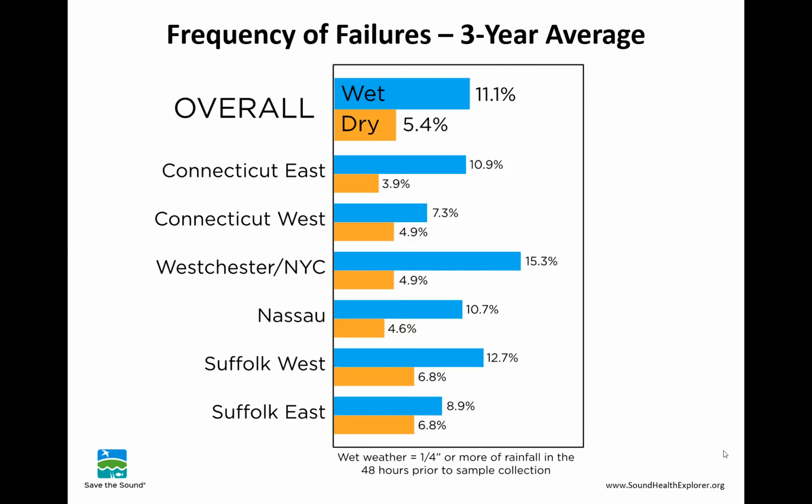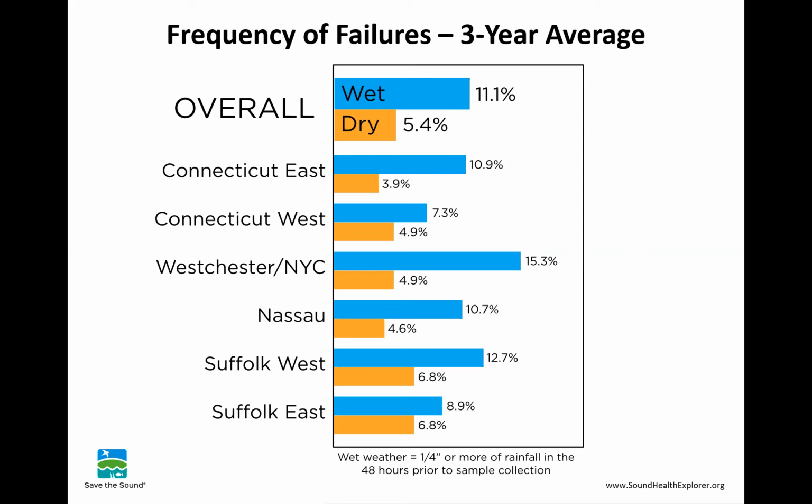Okay, so now we're going to drill into the findings in a little more detail. So this chart talks about the frequency of failure, that half of our grading assessment. And we break the frequency grades into the wet and dry scores and performance.